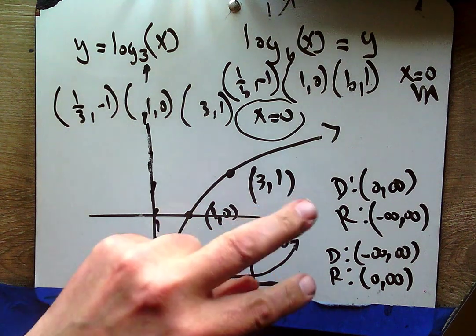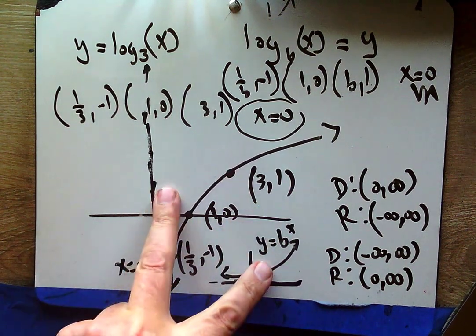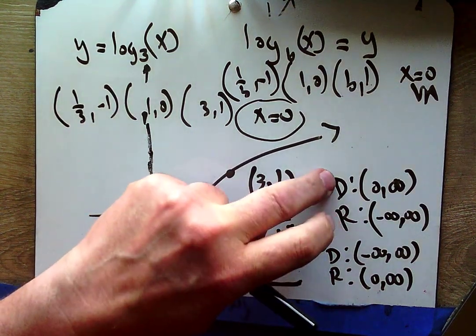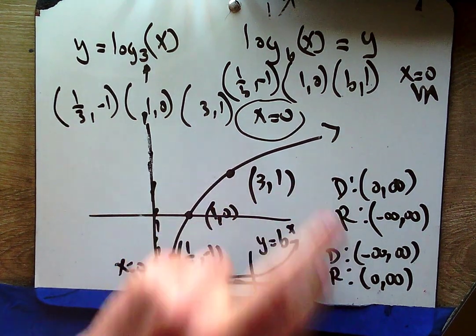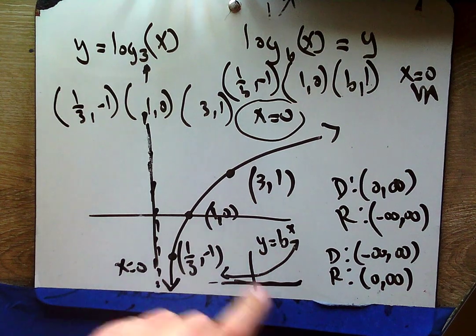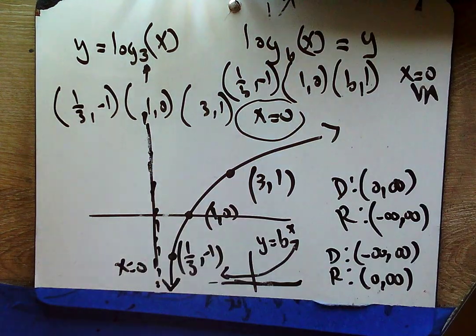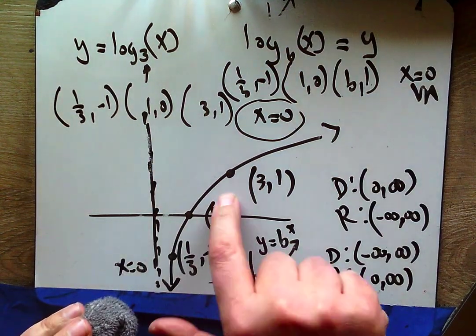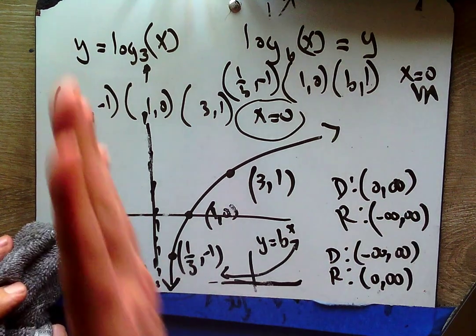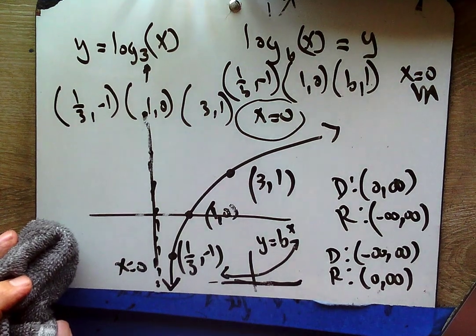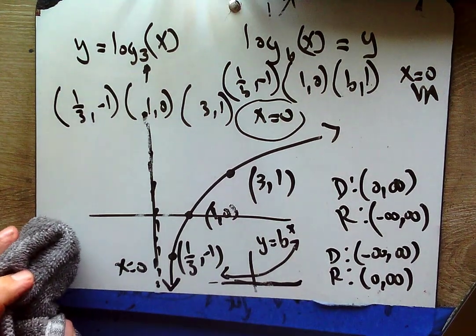Notice further confirmation that we're looking at things that are inverses of each other. The domain here is the range here. The range here is the domain here. So flip, flip, and that's what we get for our log. Our log has a domain that goes from 0 to infinity. Our log has a vertical asymptote, as opposed to the exponential, which has a horizontal asymptote. Okay?